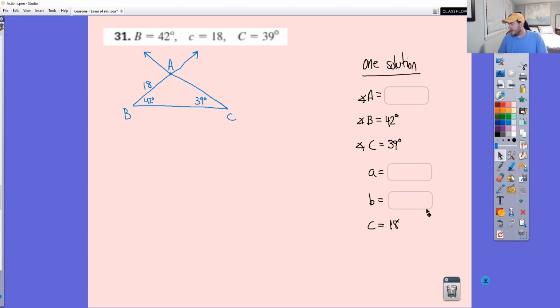And I'm hoping by now it has sunk in that the easiest thing in the world is finding the third angle when you've already got 2. So we know that really fast we can find angle A up here. By the way, at this point, I would erase all this extra garbage.